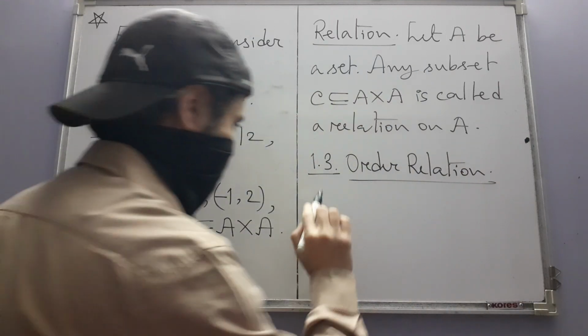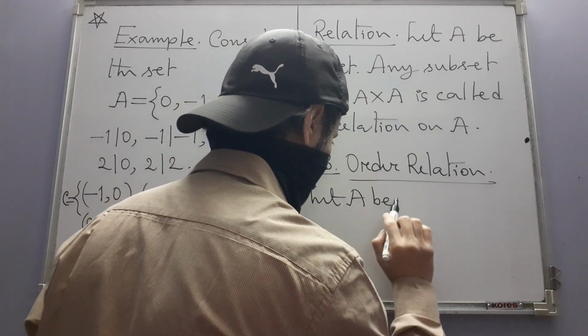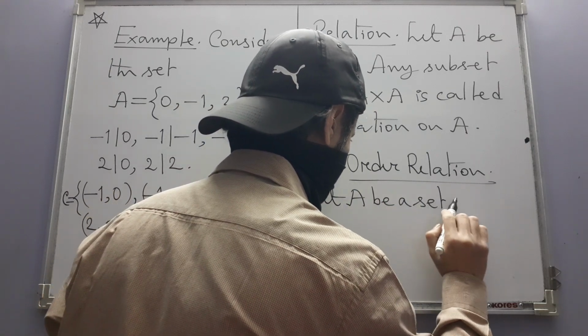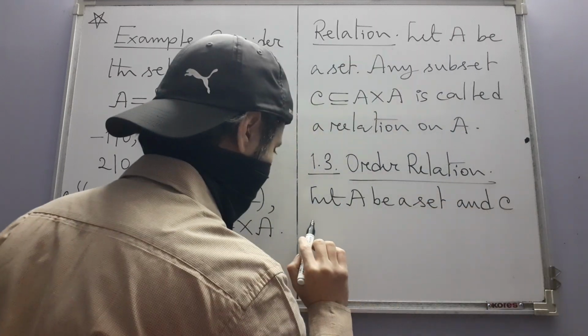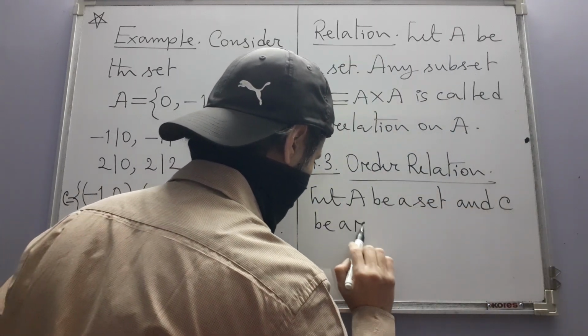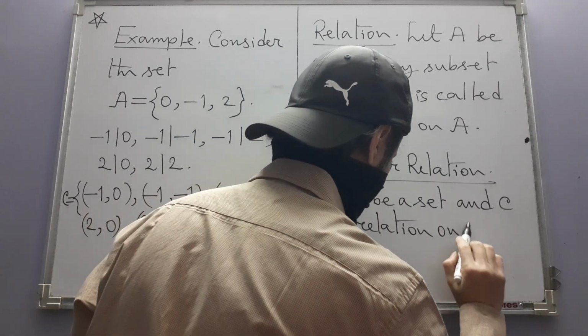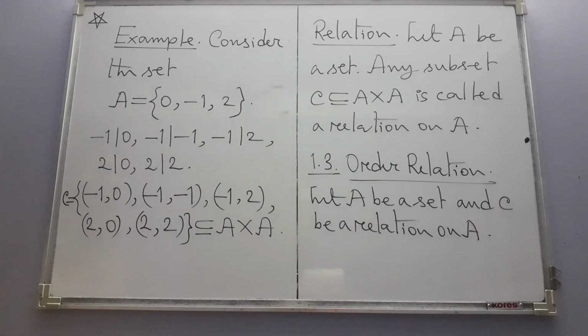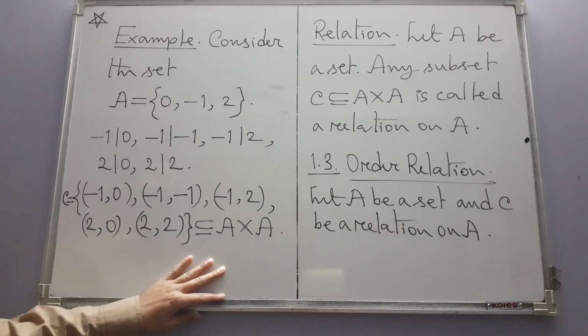Ordered relation. Let A be a set and C be a relation on A. Now that I am going to define ordered relations, I remember something.